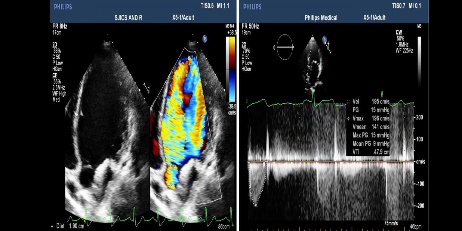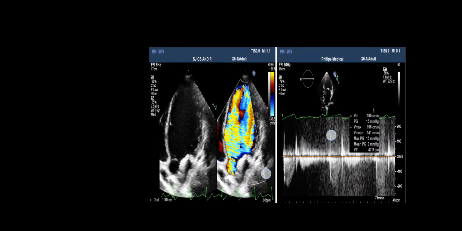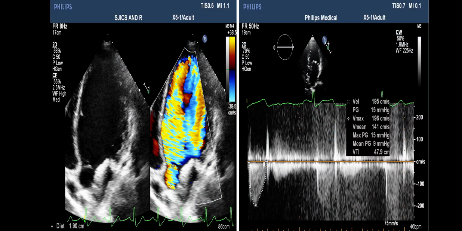Look here, by measuring the PISA, this is the radius formed, and from the continuous wave velocity of the aortic valve we can measure the velocity time integral.